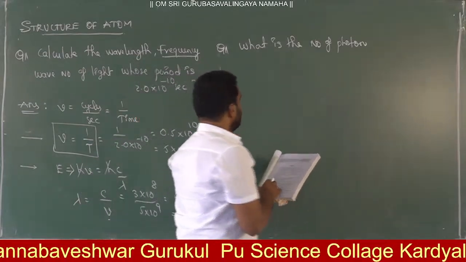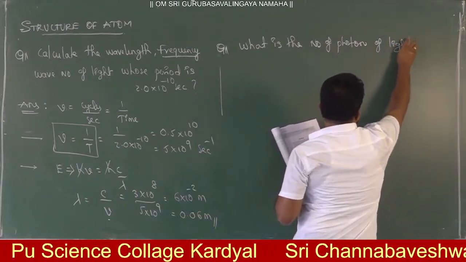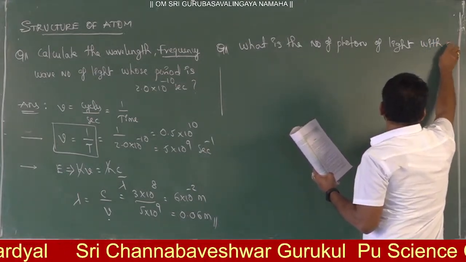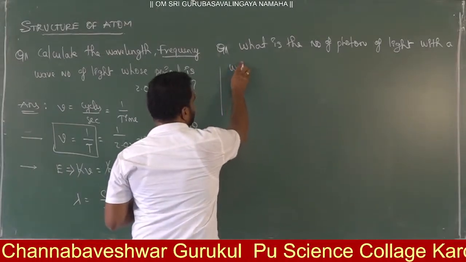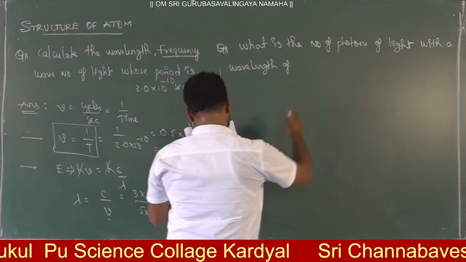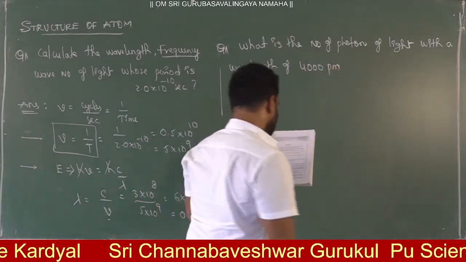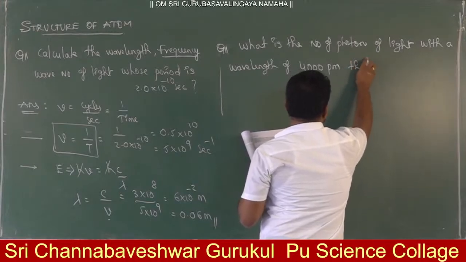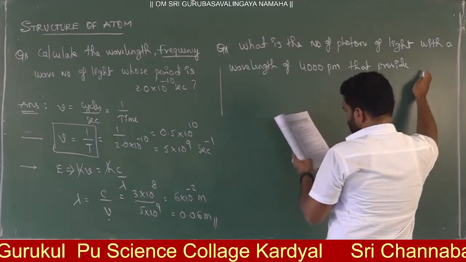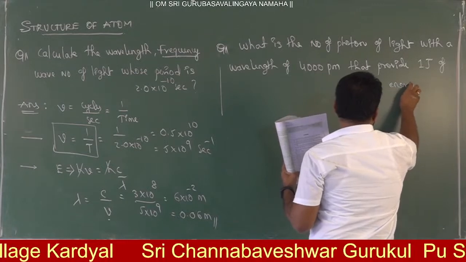What is the number of photons of light with a wavelength of 4000 picometers that provide 1 joule of energy?